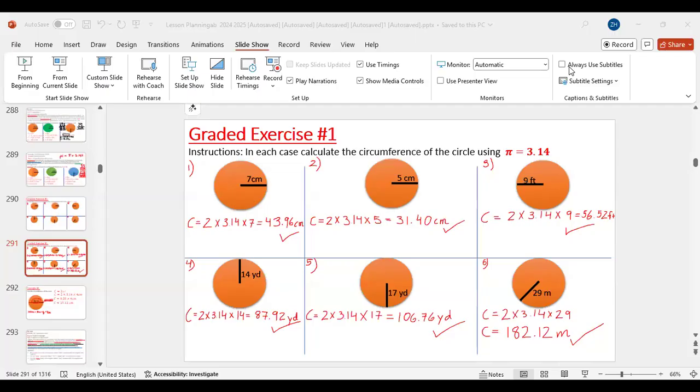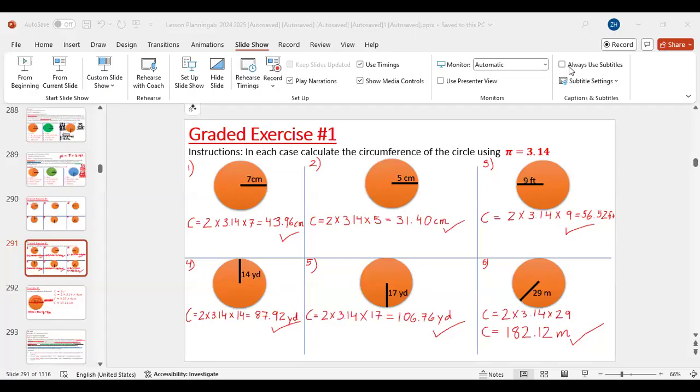What is the radius? The number that's in the circle. Half of the circle. Radius is half, or half of the shape. Very good. What is the diameter? The distance around the shape?